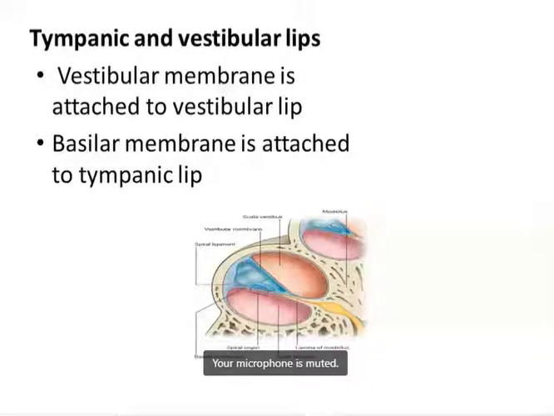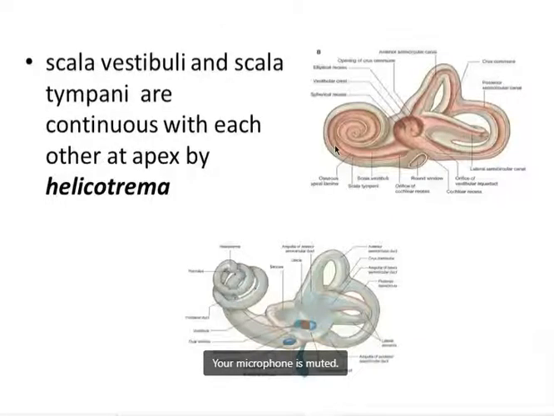So bony part, you should remember: bony labyrinth, the cochlea, vestibule, the 3 semicircular canals. Cochlea I have already repeated twice, I think. So this is the vestibule. The basal end of the cochlea continues here to the vestibule. There are 3 semicircular canals. Within the vestibule, there lies the saccule and utricle.